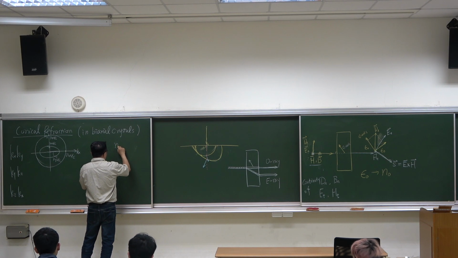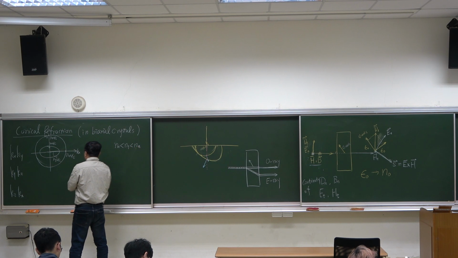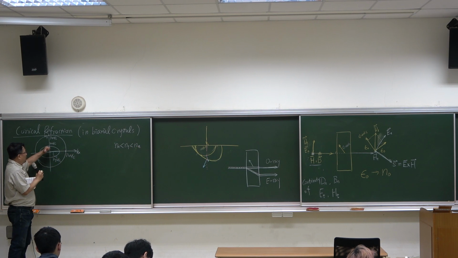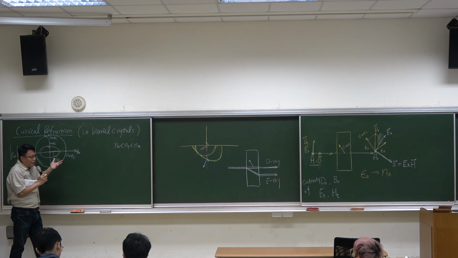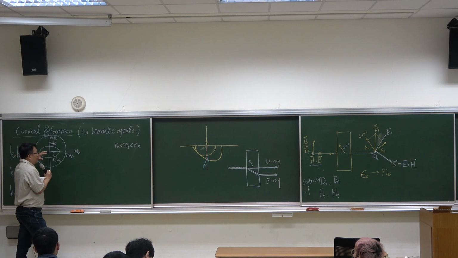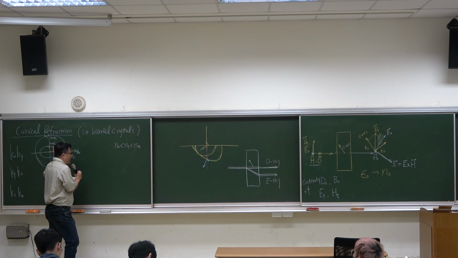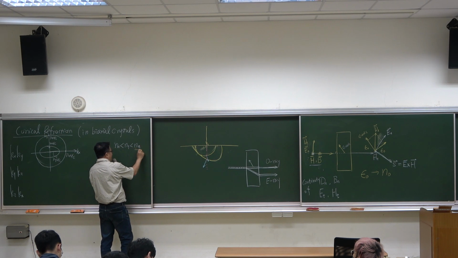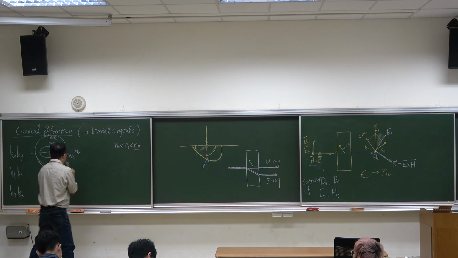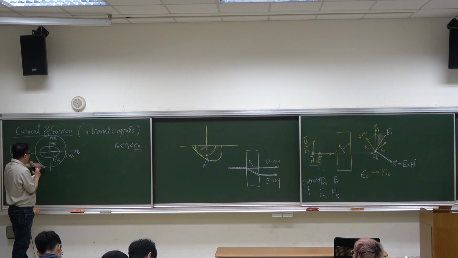Since we assume that Nx is smaller than Ny and smaller than Nz, the polarization along the Z-axis is a fixed direction. So for this fixed direction, the refractive index is nothing but Nz. So we get a circle with radius equal to Nz omega over C.